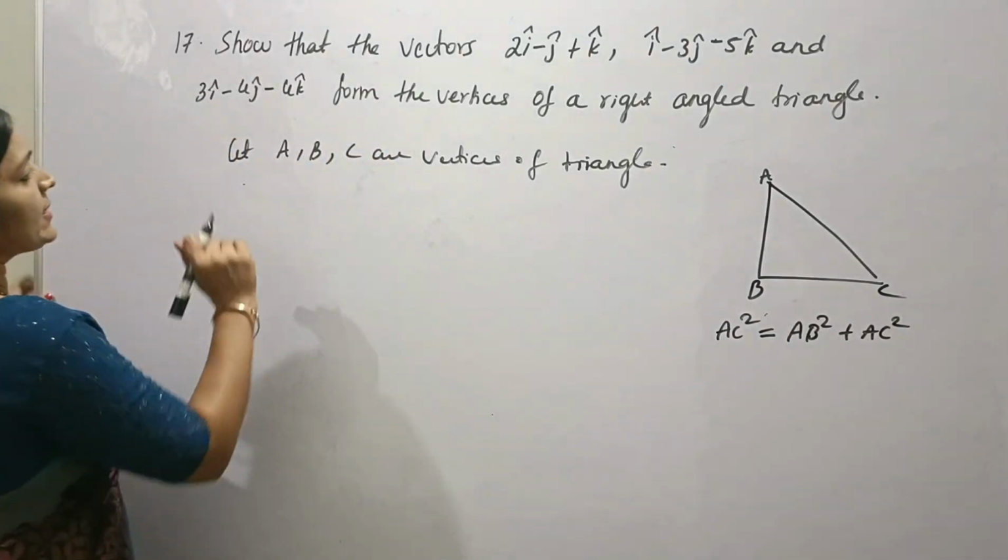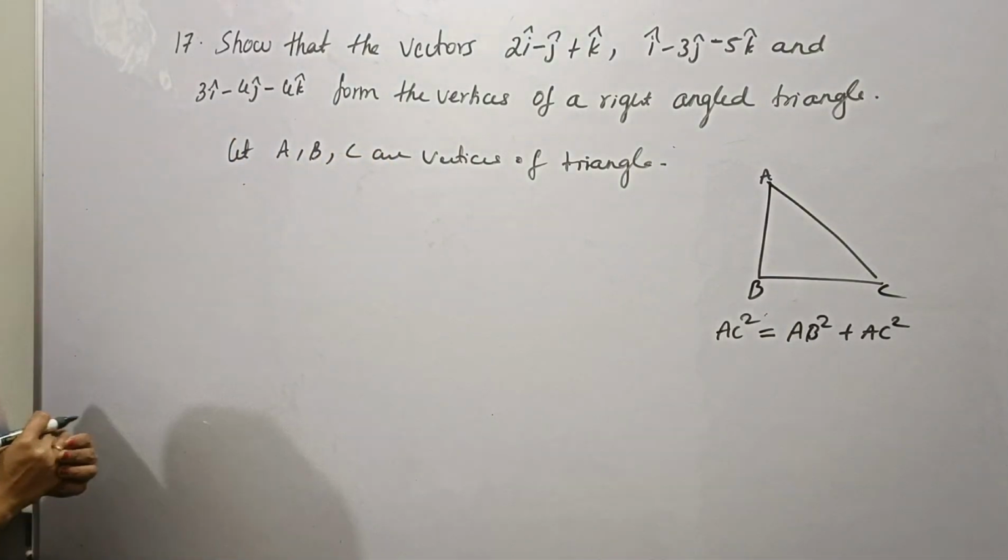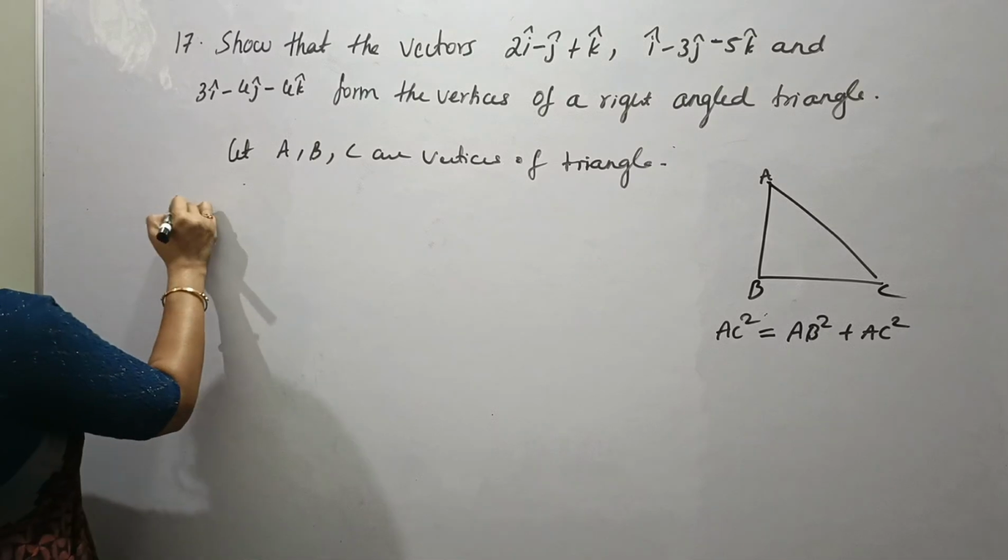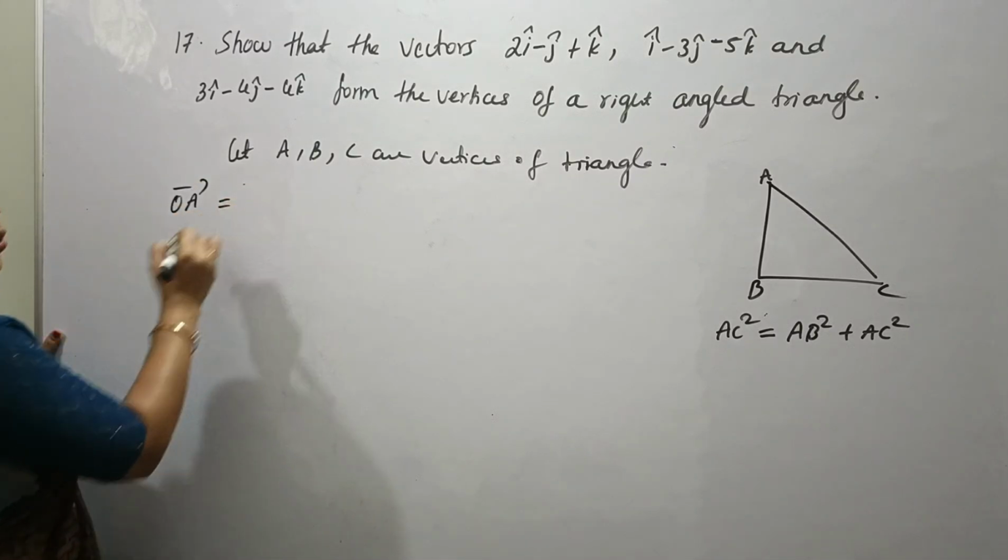Okay, let's find the vectors. These three are the vertices of the triangle. Then what is the position vector of A? That is vector OA.